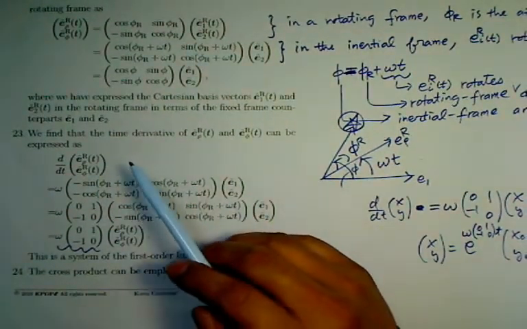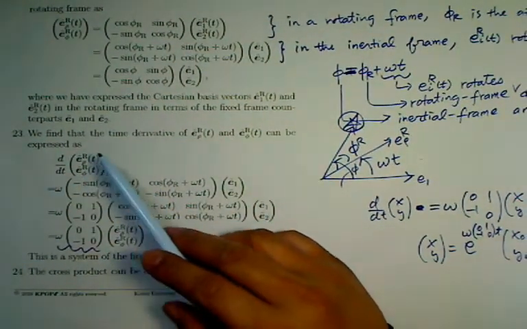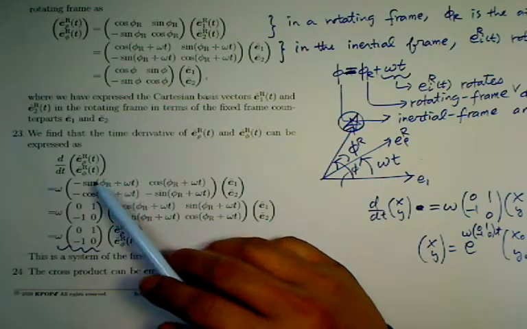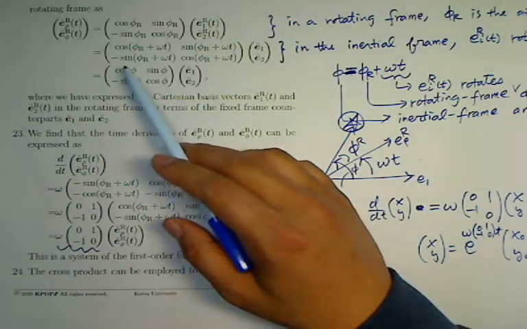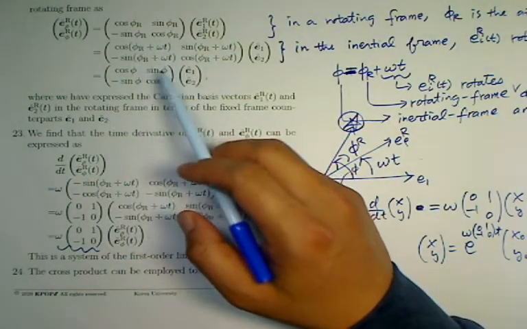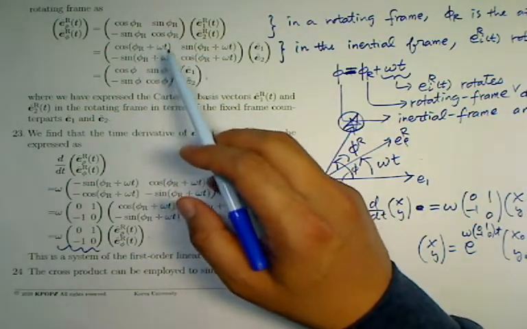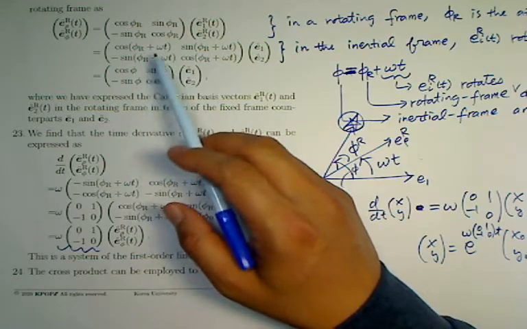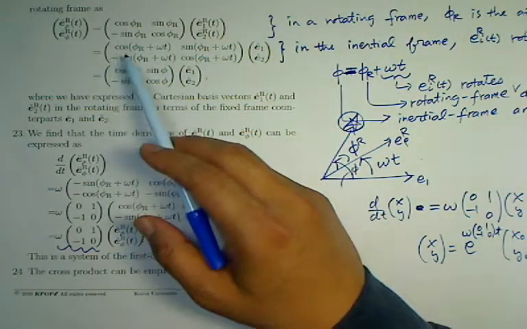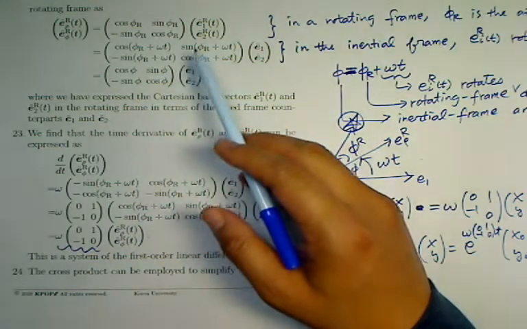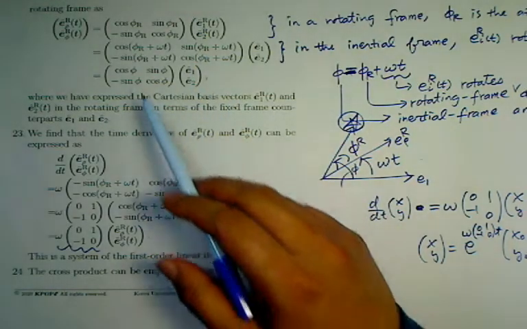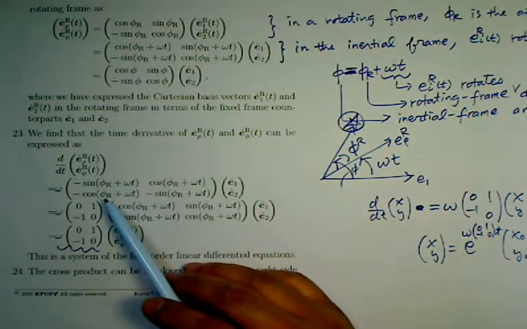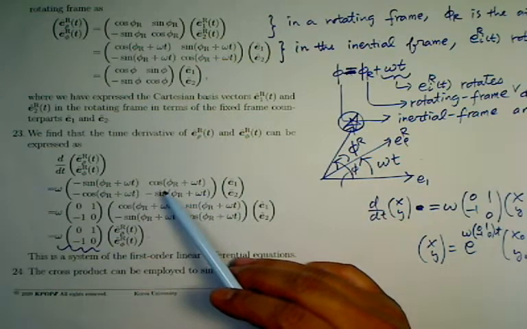Next, what about the time derivative of this? Because this one contains the time dependence, we can take the time derivative to find the non-vanishing values. Cosine becomes minus sine, sine becomes cosine, minus sine becomes minus cosine, cosine becomes minus sine.